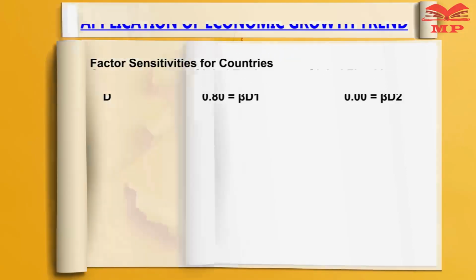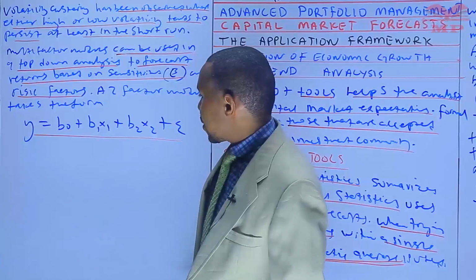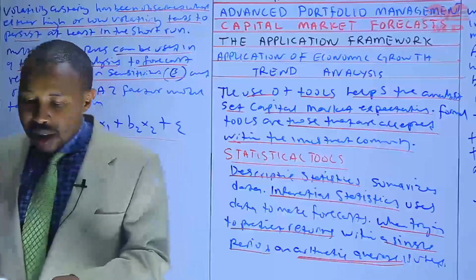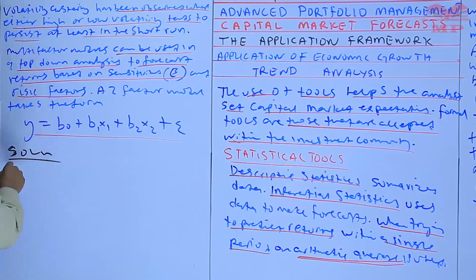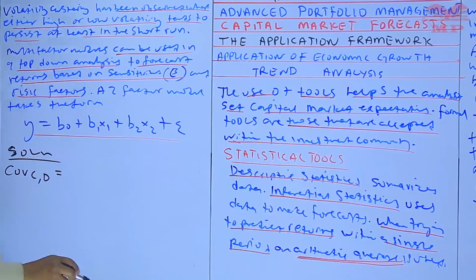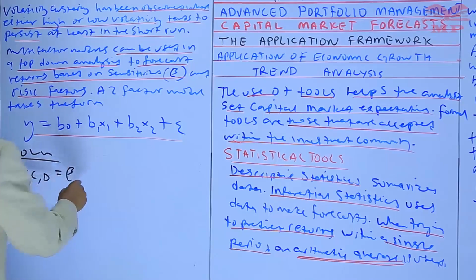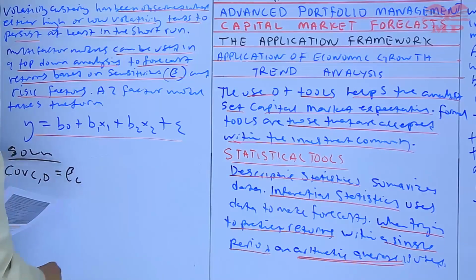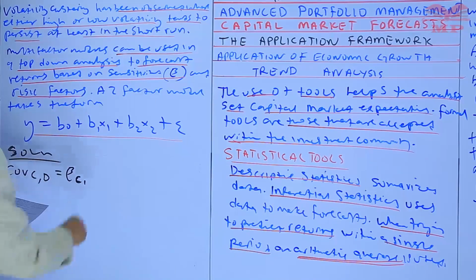So in trying to conduct a two-factor analysis over here, we can see the covariance of C and D. So covariance CD is given as follows, ladies and gentlemen. We get the beta for market C using factor 1.